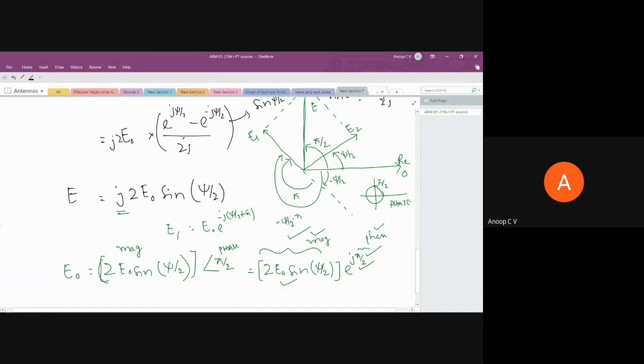In this case, if you plot magnitude as a function of phi, you get the magnitude response, and phase as a function of phi gives the phase response. Now you might have understood. Now I would request you to go back to the introductory session of radiation pattern.